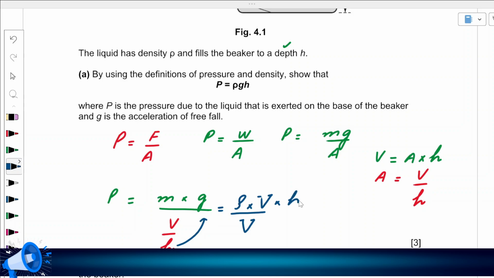And you know this one. Now fraction over fraction, it goes to the numerator. What do we have then? Volume, sorry, I missed this one, G here. Yeah, volume cancelled out by volume, and you're left with rho G H.